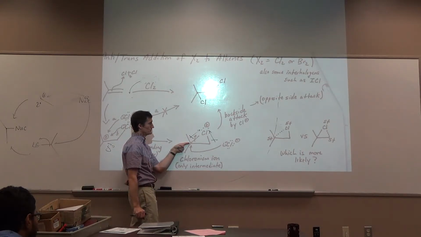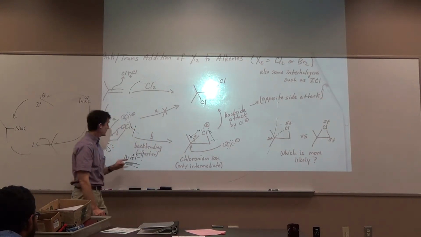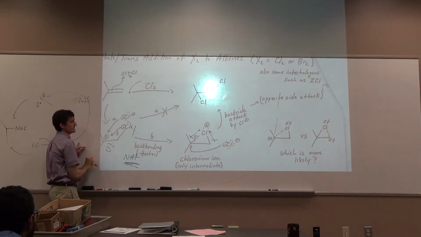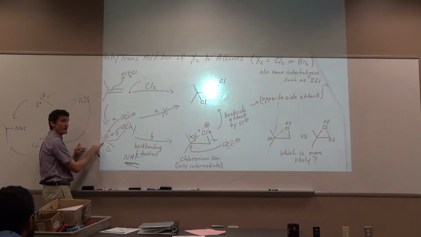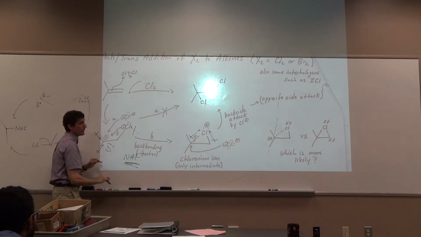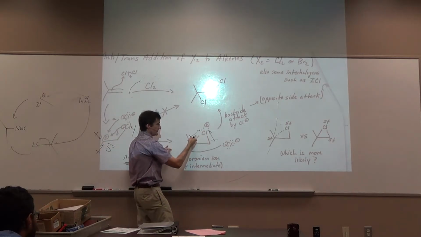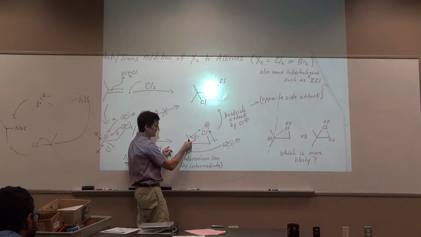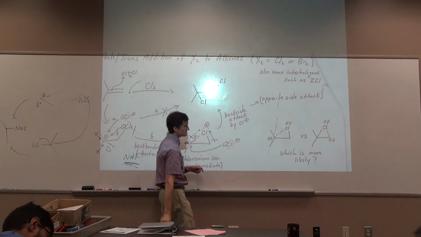Why? That's the same as over here. Where are we going to leave cation at? Left or right? On the left. Why? Because it has donation. Well, that's the same thing here. This chlorine is going to pull more over here and leave partial positive more over here because of this donation.